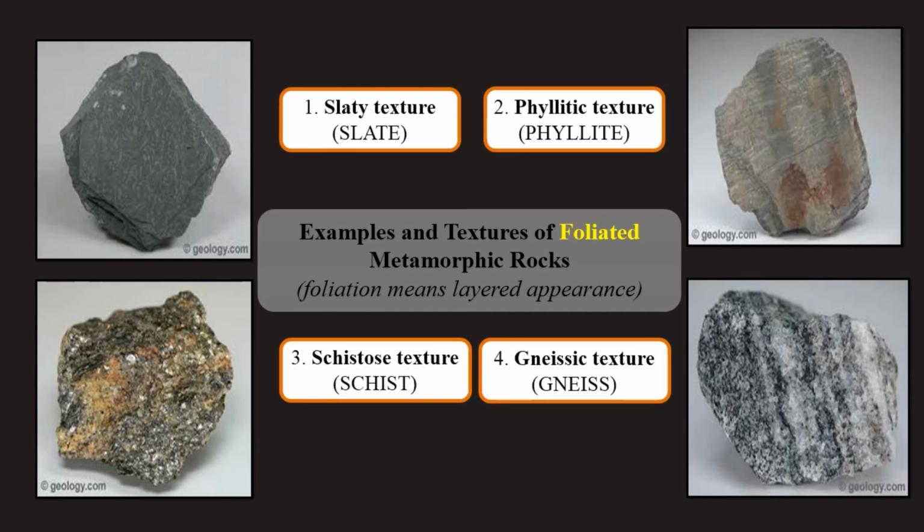This type of texture is simply brought about by pressure. The platy or elongated minerals that we can see in these rocks align themselves parallel to the axis of pressure that they experience. That's why they have a layered or banded appearance, also called foliation.